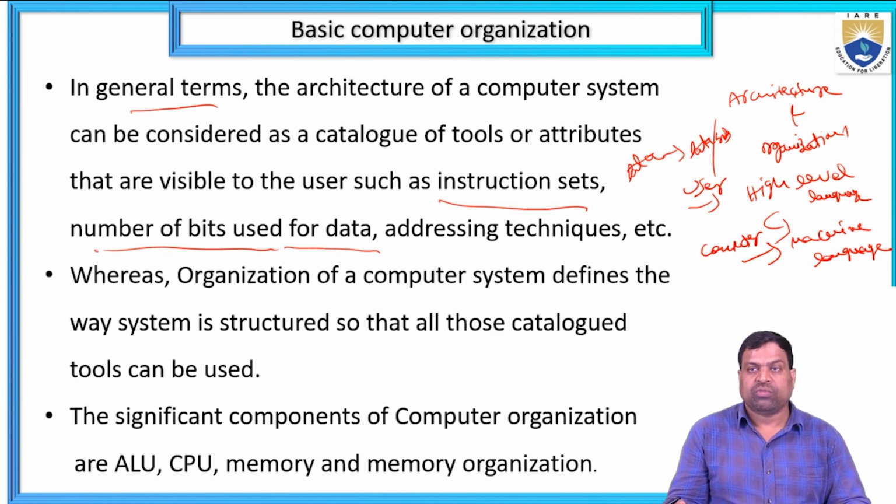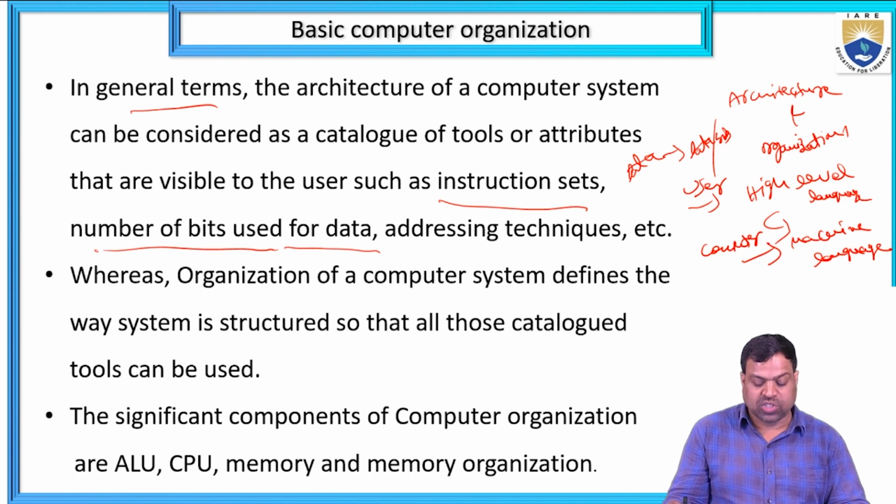So how we use the computer system is by converting from high level language into machine language or machine language into high level language. Computer architecture and computer organization are the major roles in the computer system.